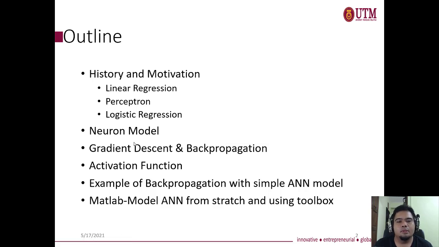That is very important to prepare yourself to get to know more detail about the gradient descent that happens in artificial neural network. And then we talk about the activation function, and if we have some time, I will give you some examples on how to build your artificial neural network from scratch, using MATLAB as well as Python.